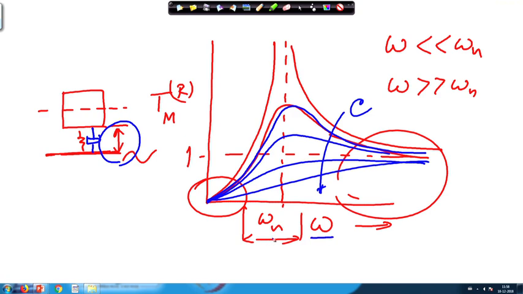Suppose there is a motion and we want that this vibration should not be transmitted here. If we want to reduce the relative motion, we have to design the system such that omega n is much higher than omega, so that it is in this region.